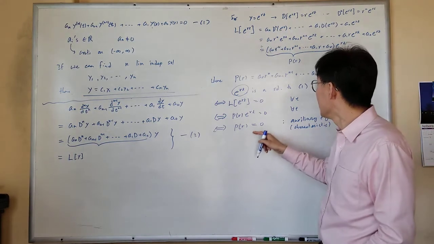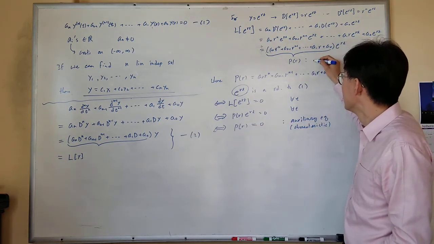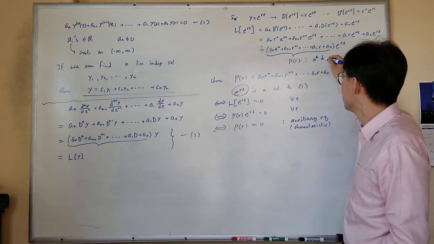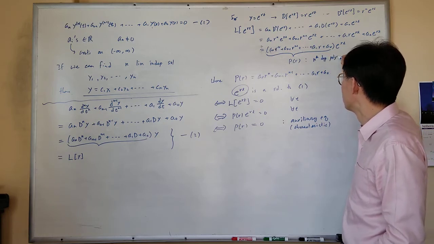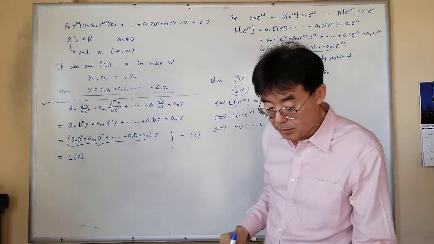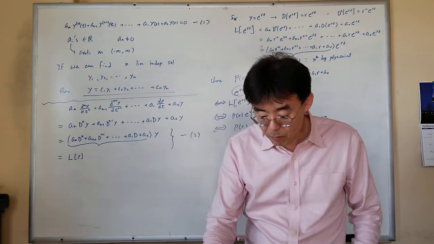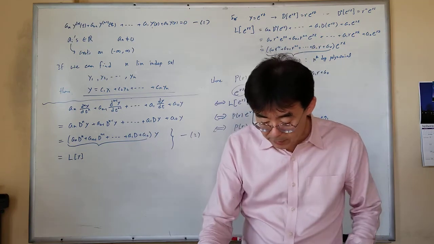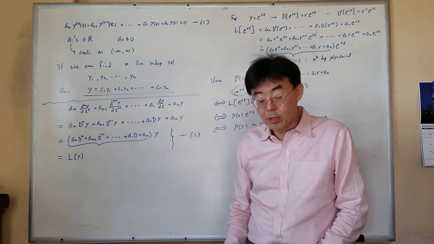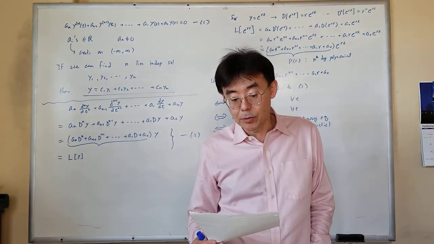Now, p of r is what? An nth degree polynomial with real coefficients. When you have an nth degree polynomial, look at the facts in the lecture notes.